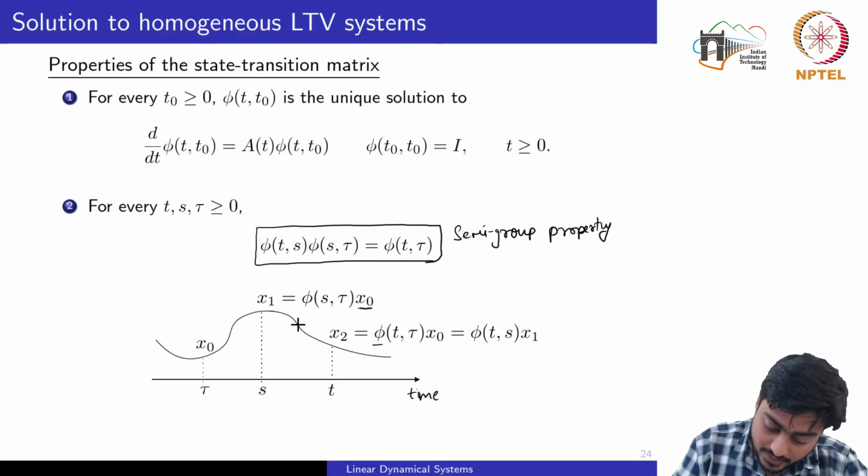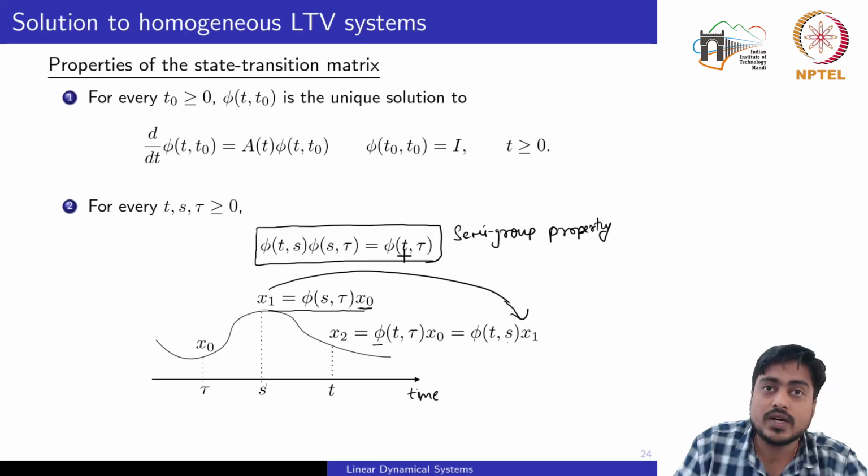Or if my initial condition is x1, because I know that this solution would be a unique solution, in that case the state transition matrix would be computed by the response at t, given the initial condition at s, multiplied by that initial condition at t = s. So I could write x2 = phi(t, tau) x0, or phi(t, s) x1. Now if I put x1 from here to here, it would give me phi(t, s) phi(s, tau) = phi(t, tau).